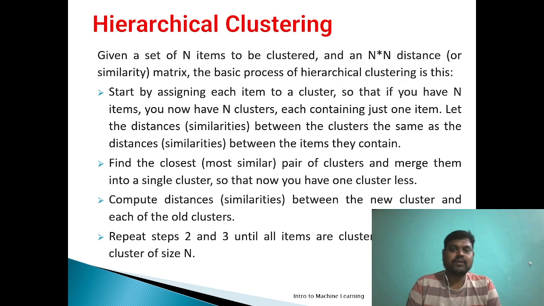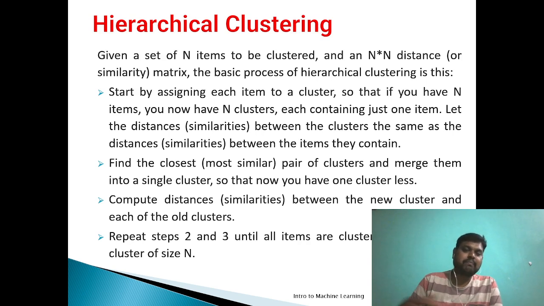So you have to start with n number of data points. If you have n data items to be clustered, each of the n items will first be considered as n clusters, right? In the next step, you have to find the most closest pair of clusters and merge them into a single cluster, right?